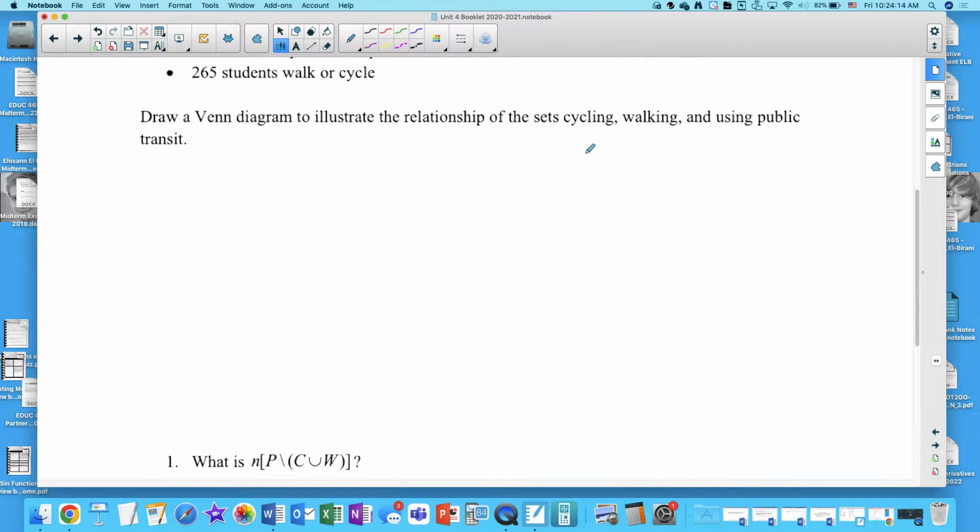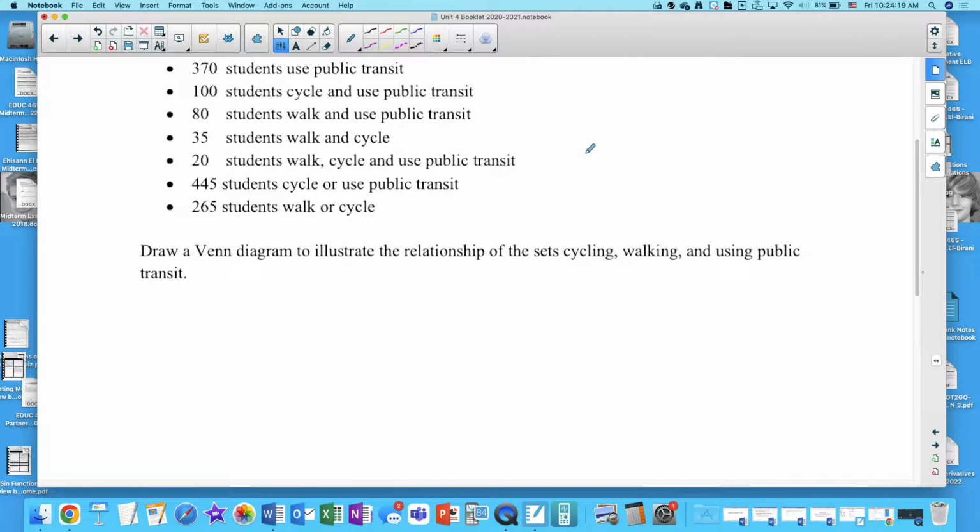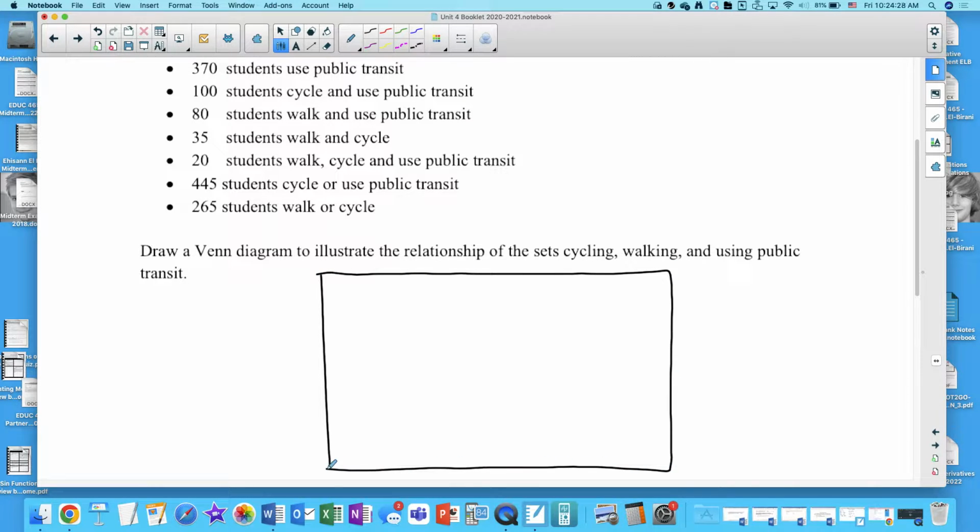So let's start out by, I want to try and have all these clues in the picture as we go. Okay, so here is our Venn diagram. And how many subsets do we need in this Venn diagram? 3.